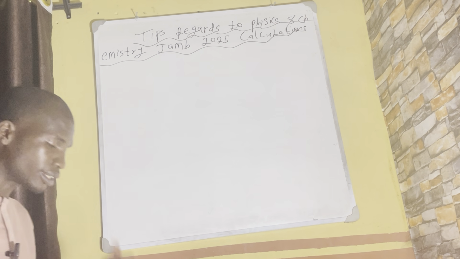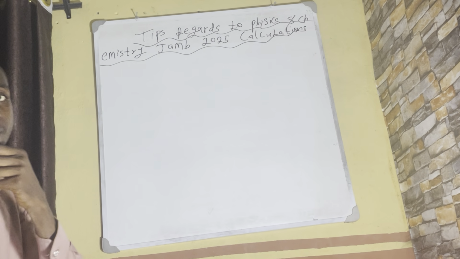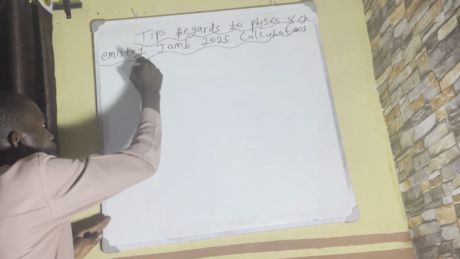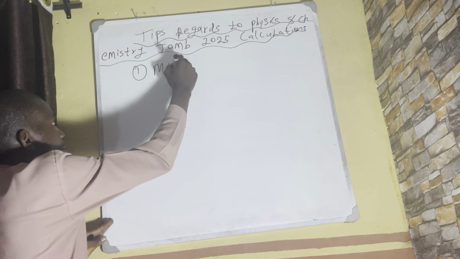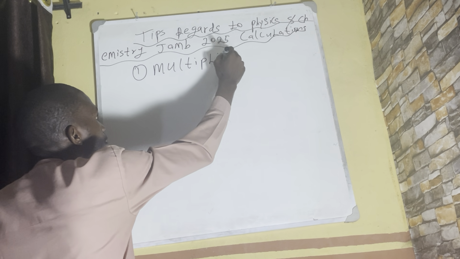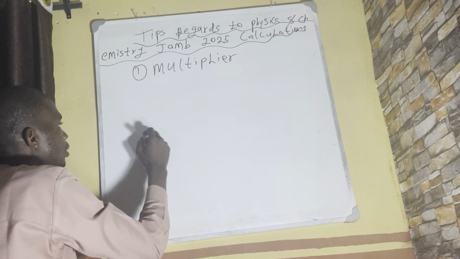With regard to this calculation, first of all, we'll tell you about multiplier and divisor. Number one is multiplier, and number two is divisor.